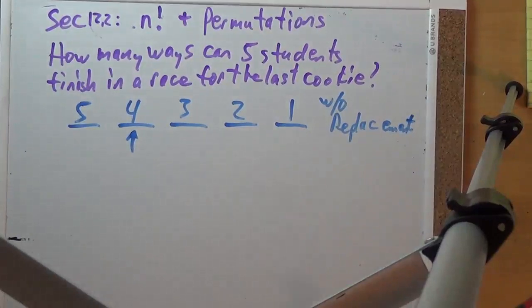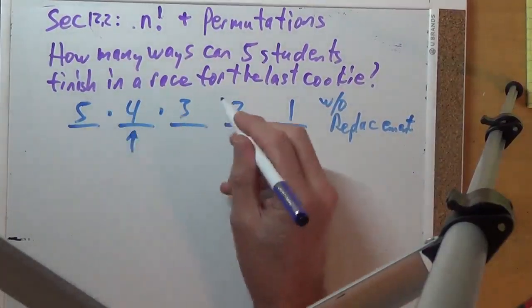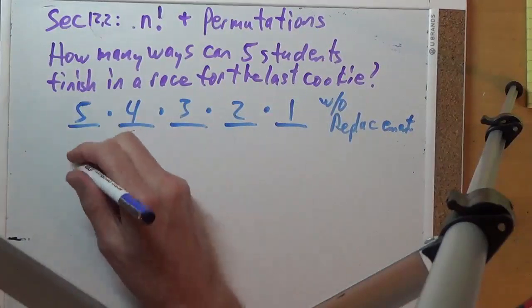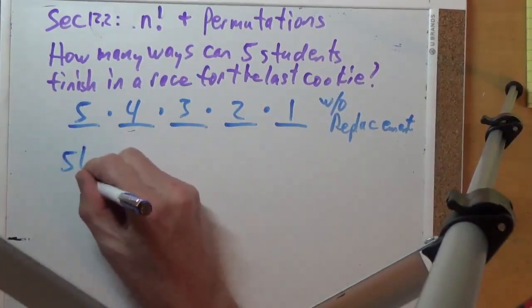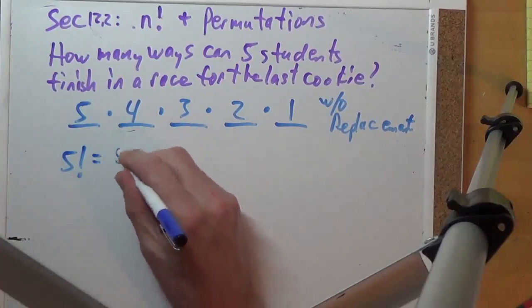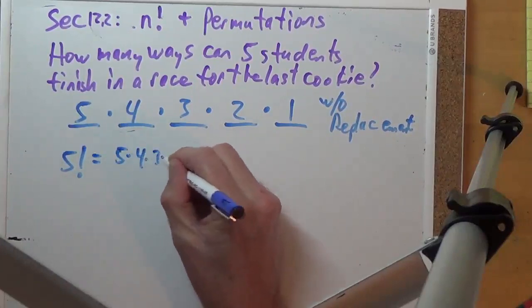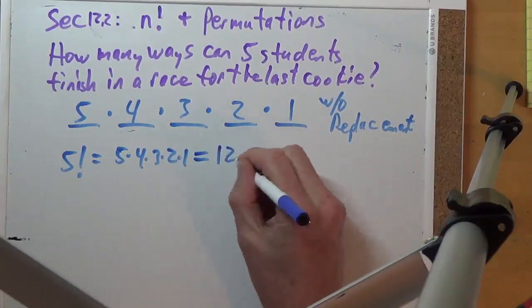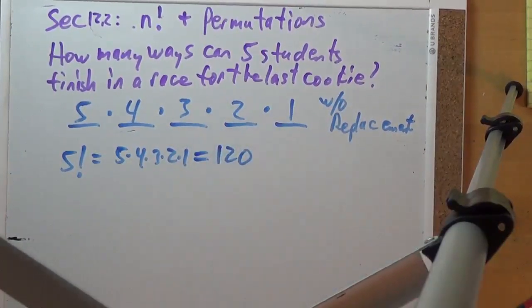So the way that we solved this was we multiplied. And the way we're multiplying right here, this is the definition of 5 factorial. 5 times 4 times 3 times 2 times 1 is 120.